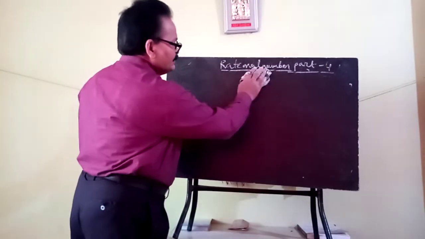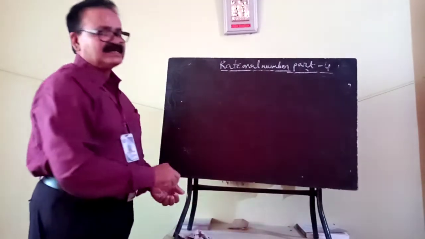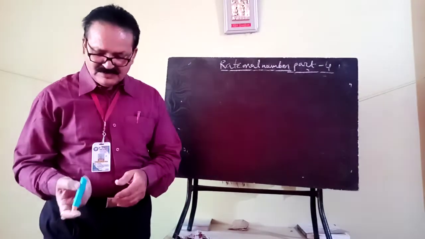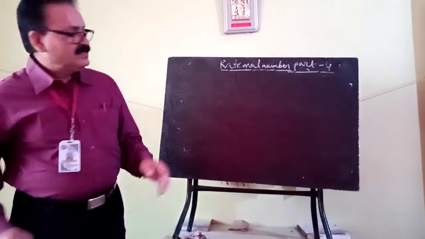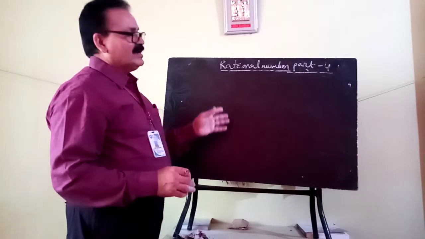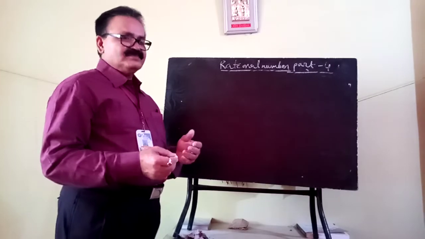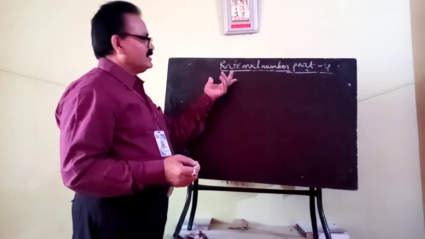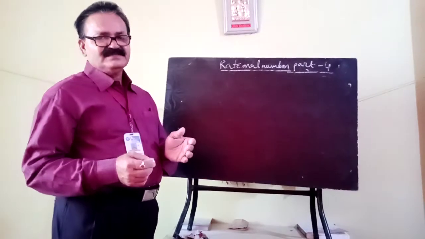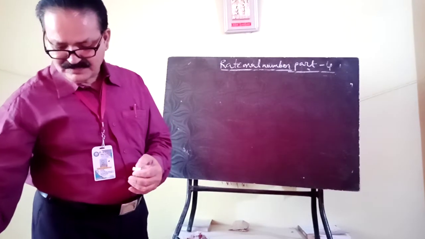So if the number of rationals to be inserted is more than 3, then what will happen? What you will do? For more than 3, what you have to do? There are 2 methods. First, you have to find out the equivalent rational.